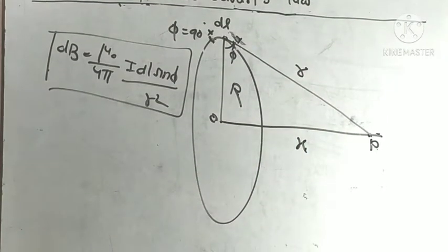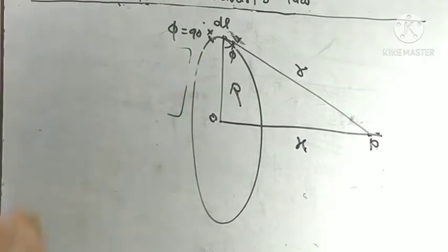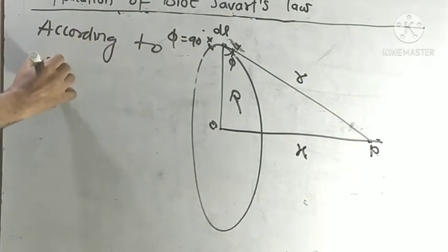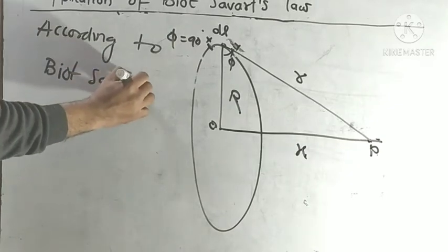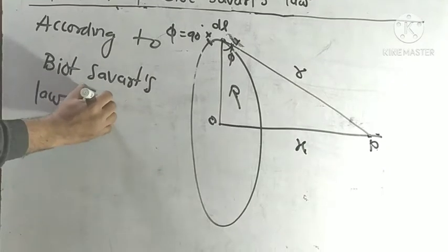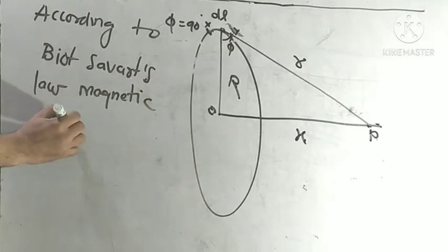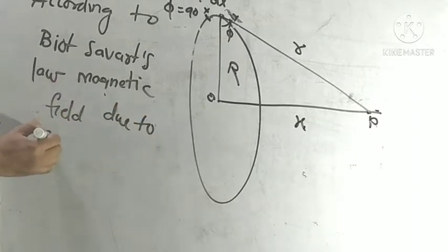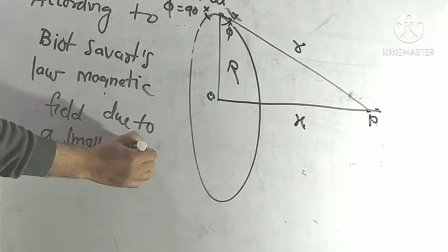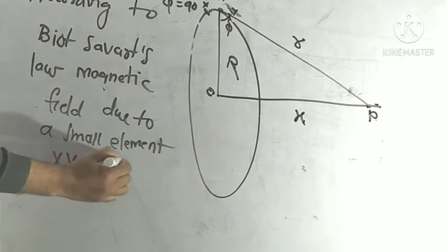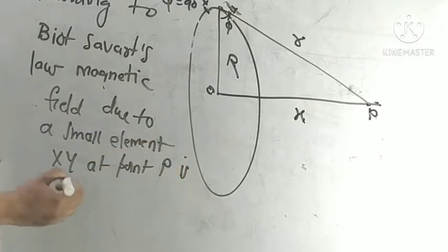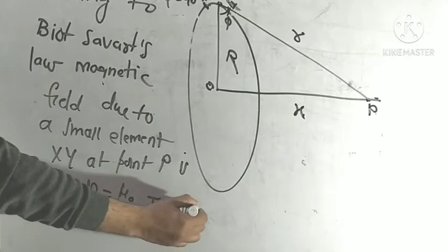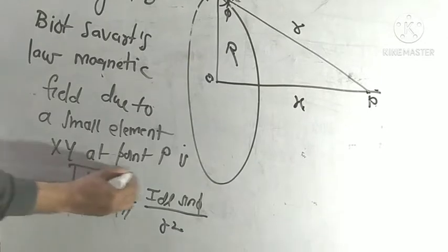According to Biot-Savart's law, the magnetic field due to a small element xy at point P is dB equal to mu naught upon 4 pi, I dl sin phi upon r square. We give it equation number 1.